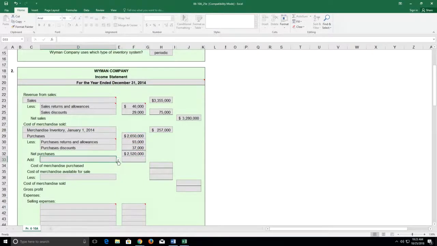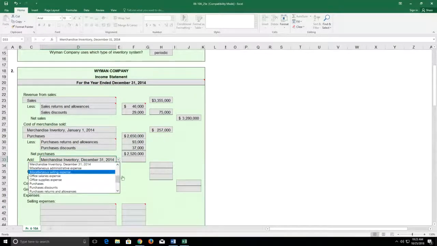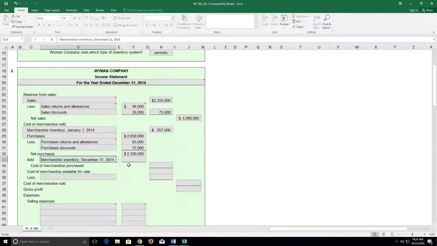Okay, so now we're going to have our ending, wherever it's hiding. Oh, no, we're not. Merchandise inventory on December 31st was 305,000.